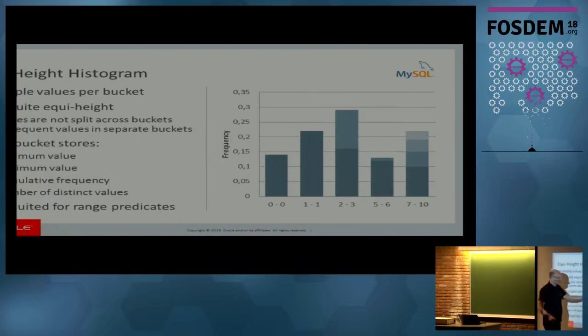But in this case, there was actually 12% with 5 and 1% with 6. So equi-height histograms are not as accurate as a singleton histogram for such cases. For these equi-height histograms, we need to store the minimum value, the maximum value, the frequency, the cumulative frequency, and the number of distinct values.